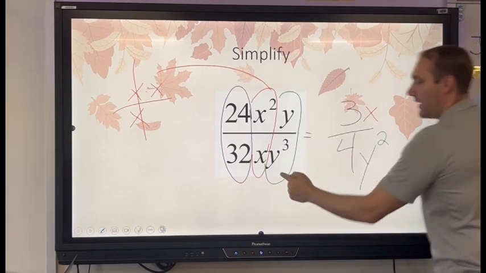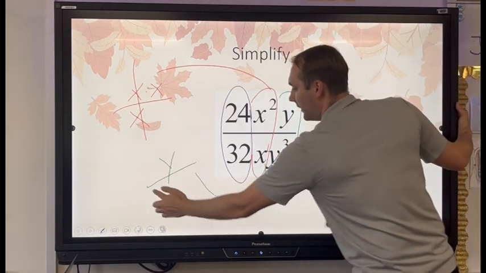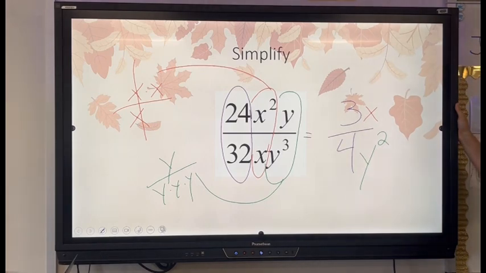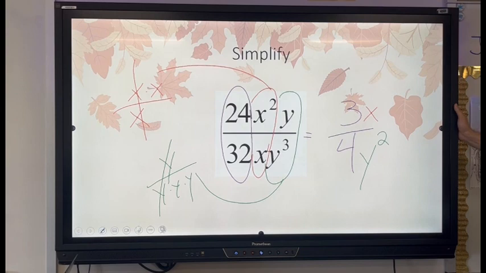And again, if you didn't see that, we can write this out the way it is. Y divided by 3 y's. 1 y will cancel with 1 y on the bottom, leaves me with 2 y's on the bottom. Y squared.